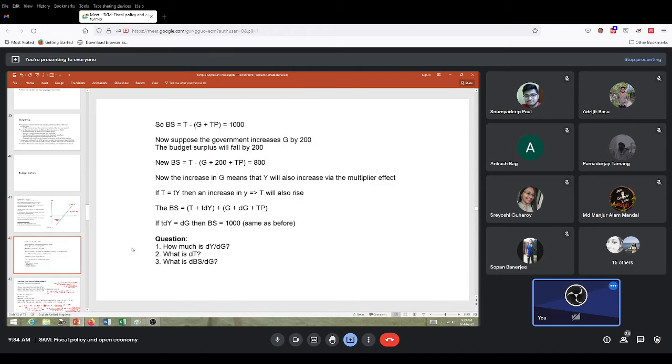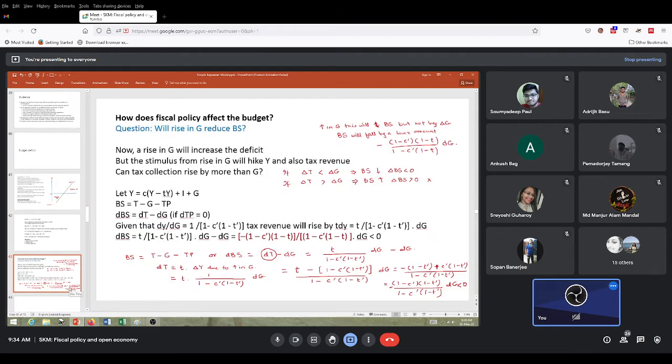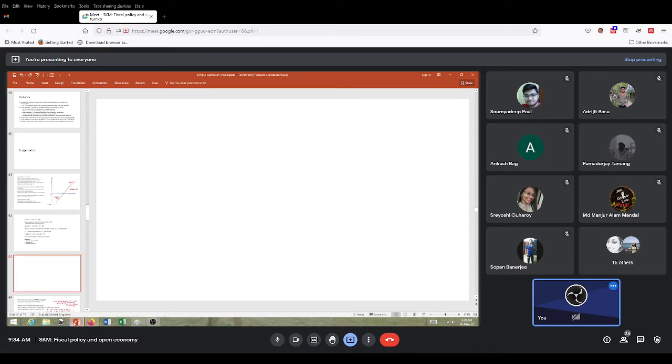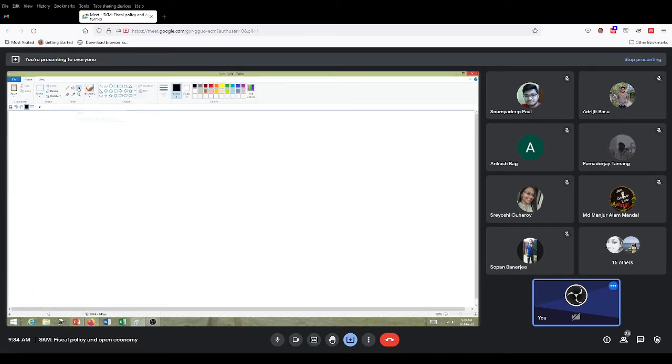Okay, have you copied this down? Yes, sir. So the budget surplus is equal to T. Remember, this is a constant, so we can ignore it basically.